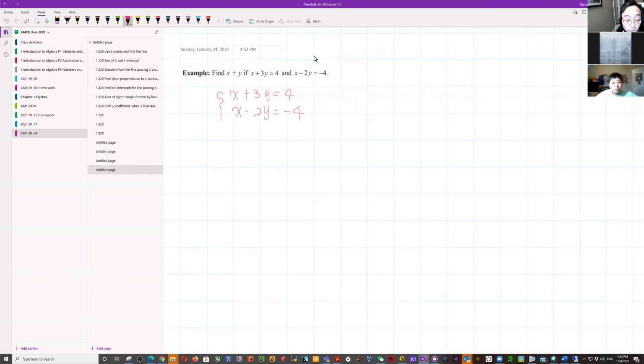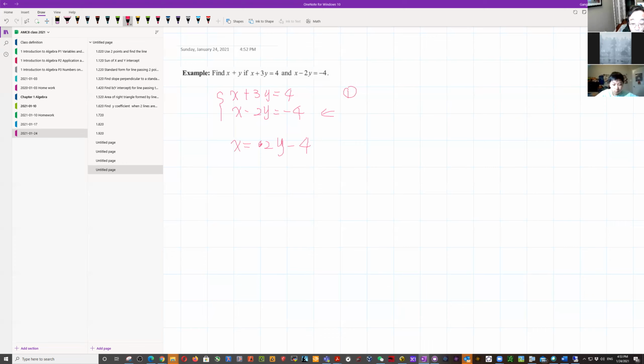And so what we can do is use the second equation to solve for x. For example, in the second equation, if we move negative 2y to the other side, we get x equals 2y minus 4.